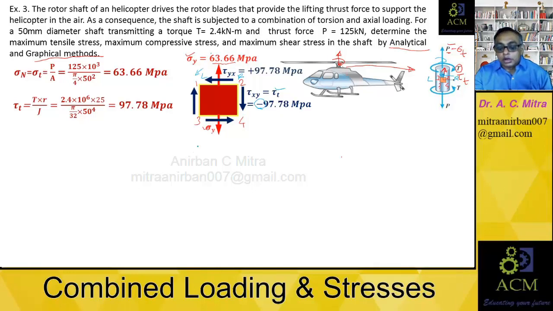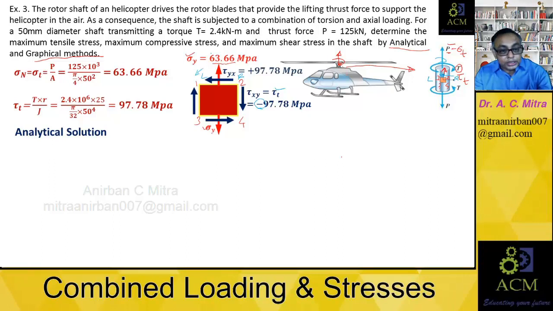Okay. Now, due to the different types of loading applied in this 1, 2, 3, 4 element, we need to find out the maximum tensile stresses, maximum compressive stresses using the principal stress theory, and maximum shear stress theory. We have to find out the maximum shear stress also, analytically and graphically.